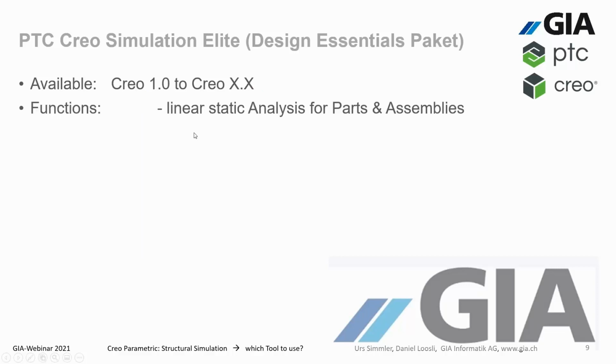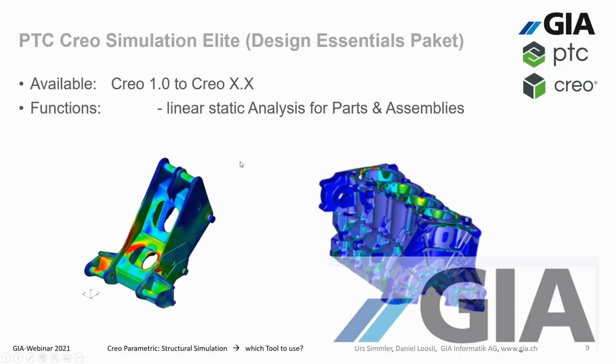In this package, you have a small Creo Simulation Elite package, and with that you can do only linear static analysis for parts and assemblies without contacts and so on. You can do the kind of simulation we see here on the screen. I will show that also later in the live demonstration. So this is a newer package available for small and medium customers.